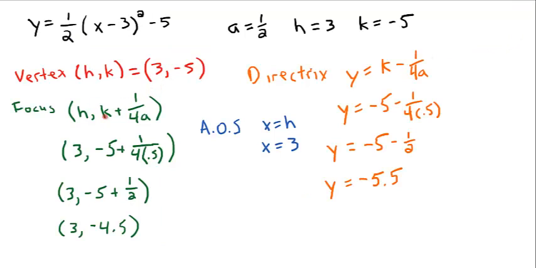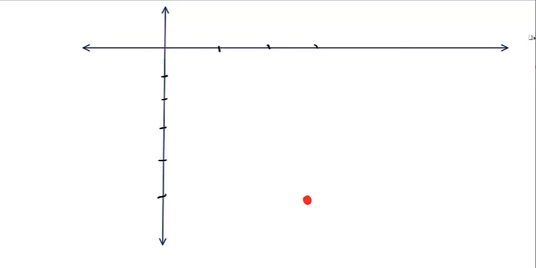Our focus is the point just inside the parabola, so that's going to be 3 comma -4.5. So we do over 3 and then down -4.5. So 1, 2, 3, 4, and then it's going to be about 4.5.